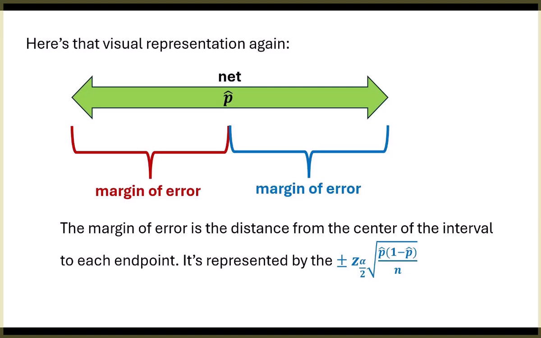And just like last time, p hat is dead center in our interval. Anybody remember where p hat comes from? Yeah, from our sample. So we get a sample, we get p hat, and that's right in the middle of our interval.